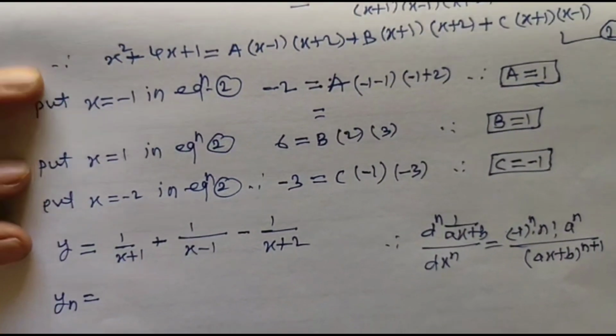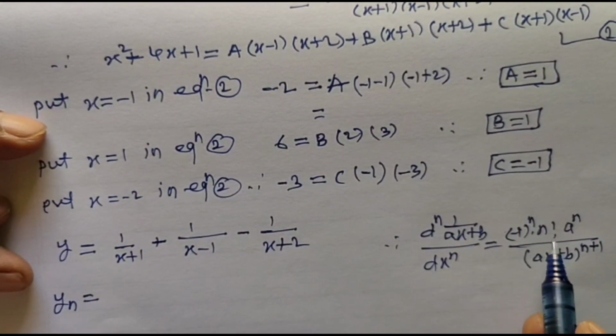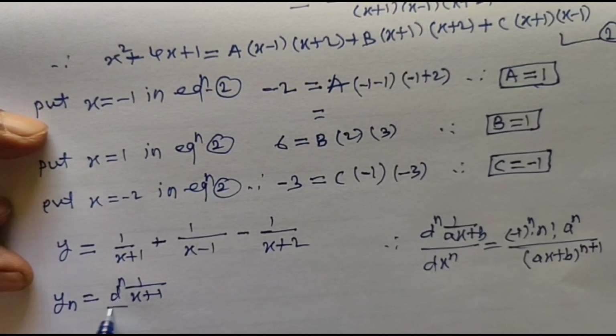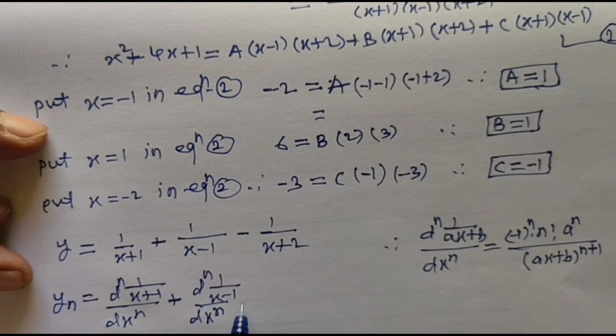Apply this formula. For all these three terms, we can take minus 1 raised to n into n factorial common. So, nth derivative of 1 upon x plus 1 plus nth derivative of 1 upon x minus 1 minus nth derivative of 1 upon x plus 2.